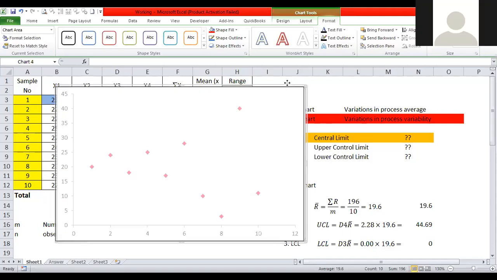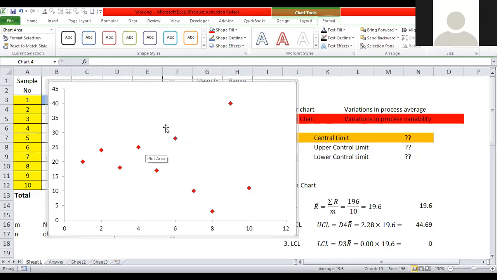Okay, right. So this is the R bar chart.